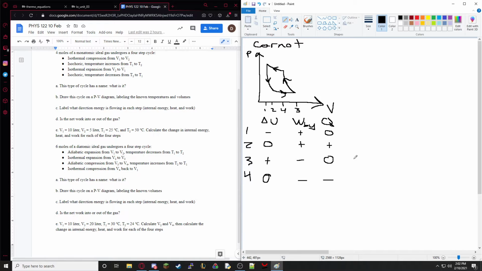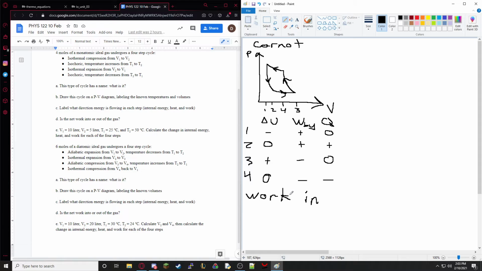You'll have a negative work. So it's a net work into the gas? There we go. Okay. Yes. So as you said, the negative work values, especially for step 4 compared to step 2, are much larger in magnitude, which means that in total our negative work is larger than our positive work, which means work is going in. So work in.